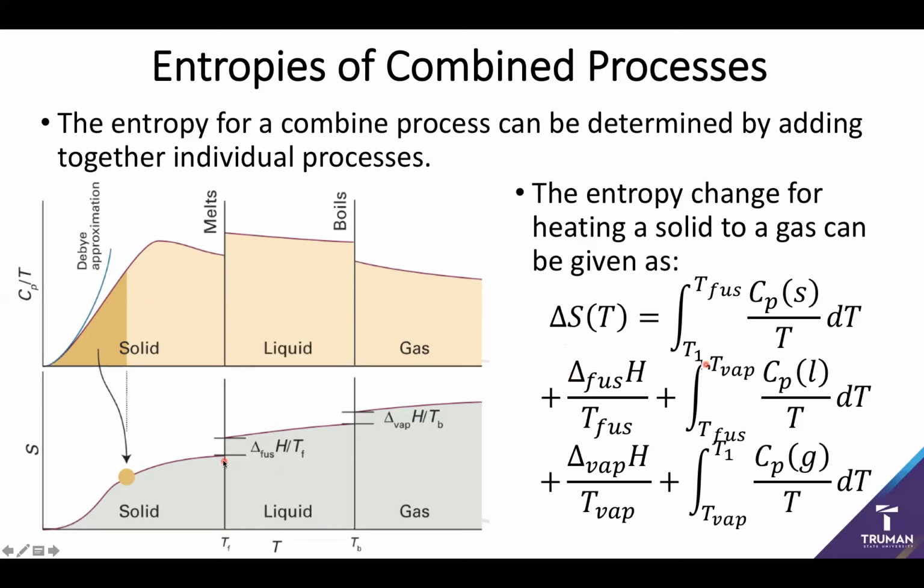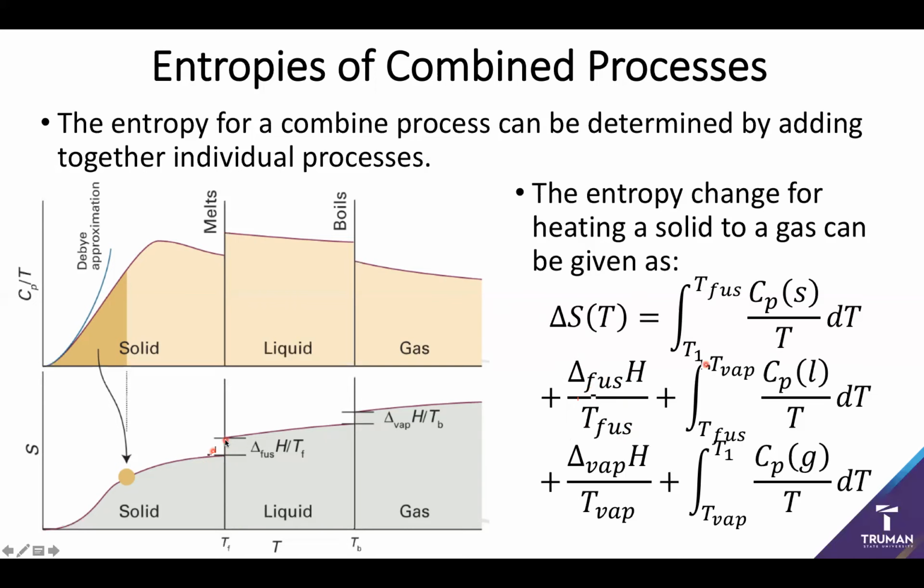At this point, we run into a different set of equations where now the entropy is going to increase under an isothermal phase change. So at this point, temperature will not change, and so I'll be looking at just the temperature of fusion, but the entropy is going to increase as I go from an ordered solid to a much more disordered liquid.